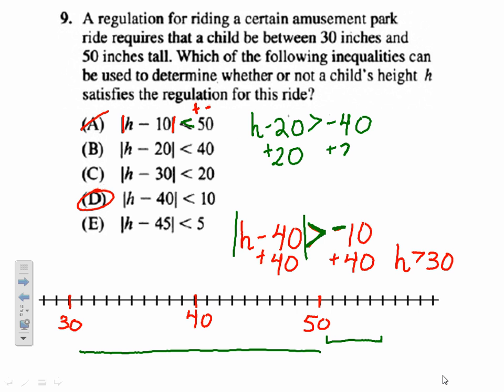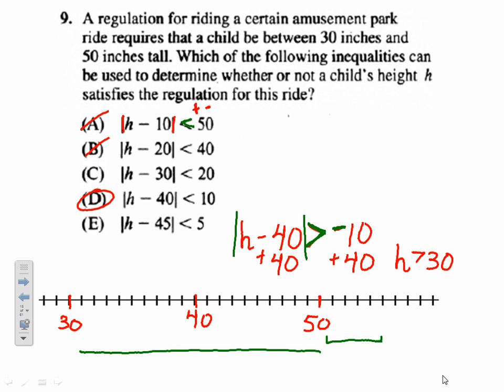And this once again is not okay because those numbers between 20 and 30 are not adequate heights for this ride. I see this to be negative 20 actually. So if somebody's negative 20 inches, that's a problem. Okay, so B is out.